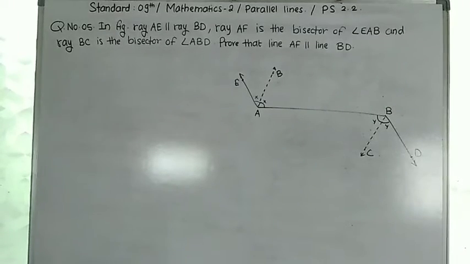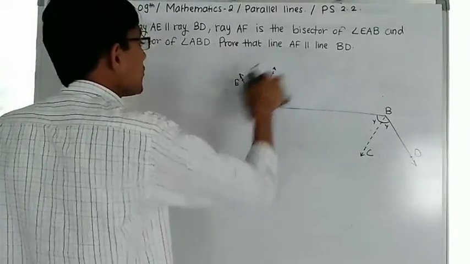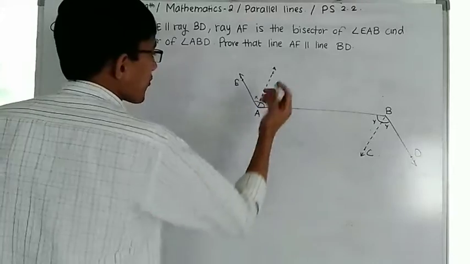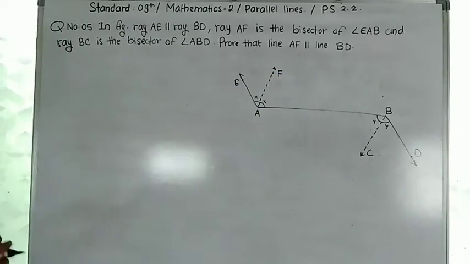In the figure, ray AE is parallel to ray BD. Ray AF is the bisector of angle EAB, and ray BC is the bisector of angle ABD.